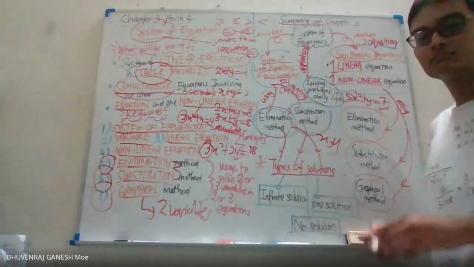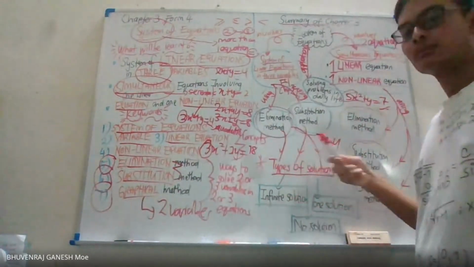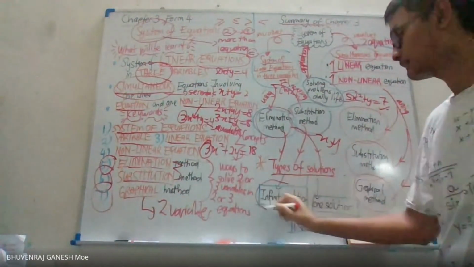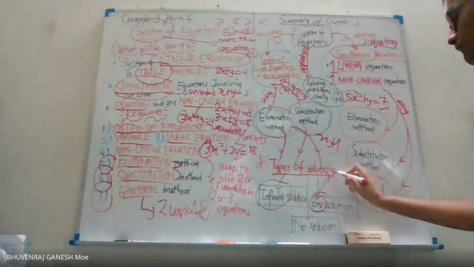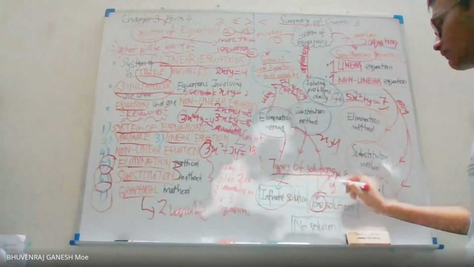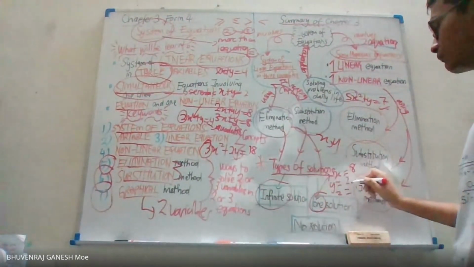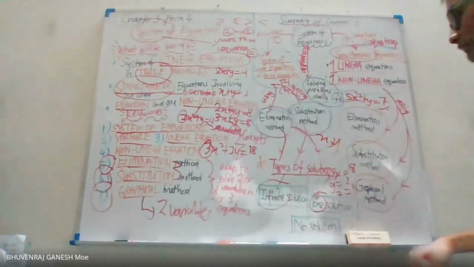So types of solutions are this the one. Sometimes the questions can also ask what is the type of solution for the question they ask to solve. So one of it is infinite solution. One is one solution. One solution is the normal one we do. You get x equals what, y equals what, z equals what. Let's say 8, 2, 4. So you get a different number for each variable.